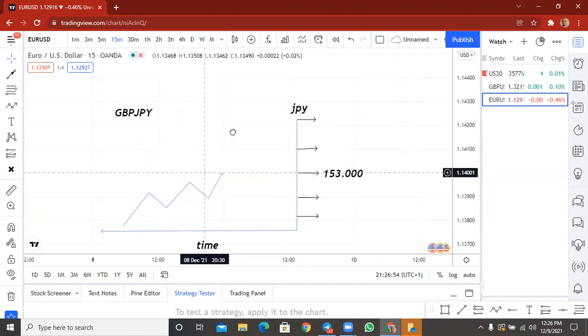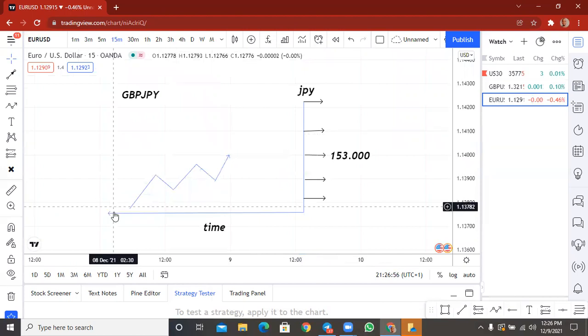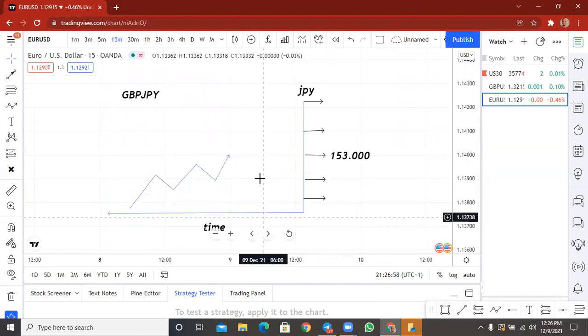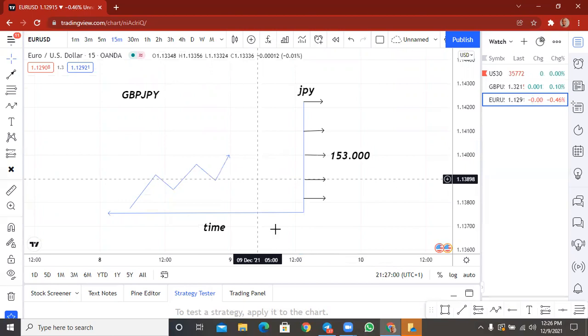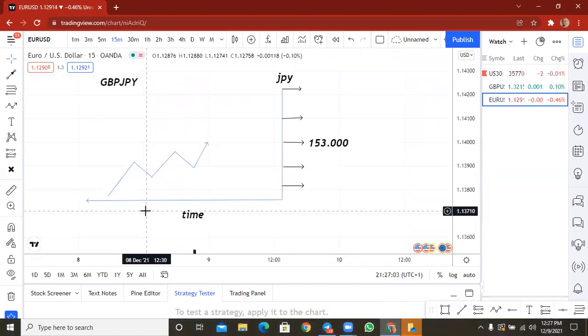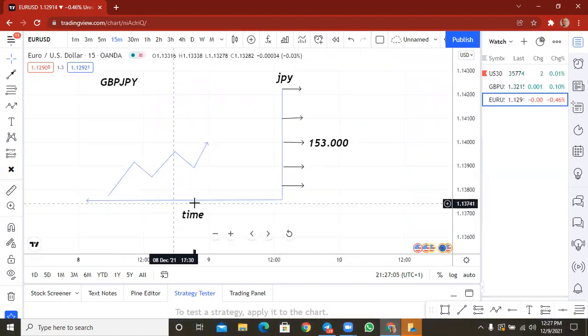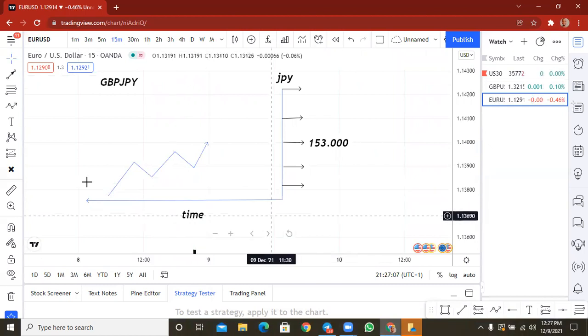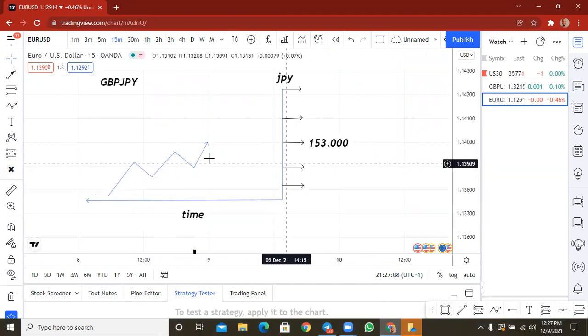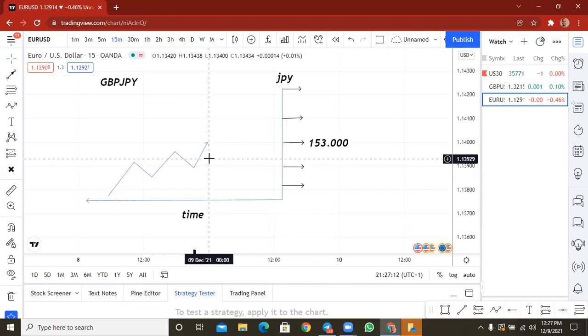Now, this means that in a specified period of time, which you normally find written at or beneath this line, they normally write the time frame or the time interval.